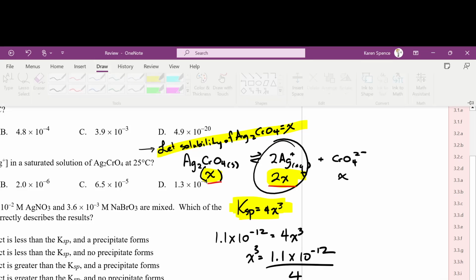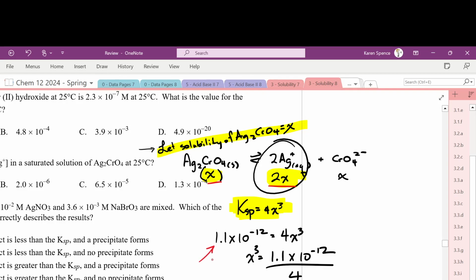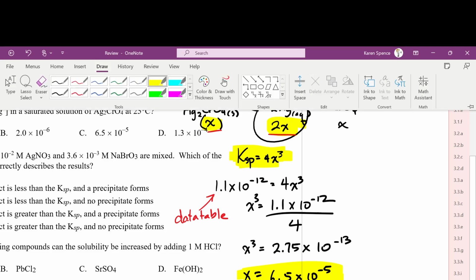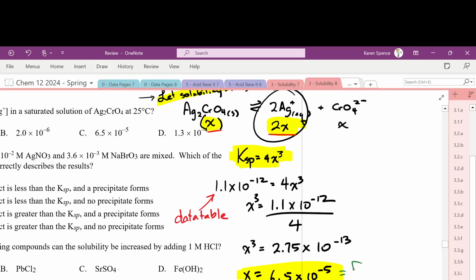Plug in KSP from the data table, and we solve for X. Let's do the algebra. And remember, X is the concentration of Ag2CrO4. And the concentration of Ag plus, if you recall, was 2X. So that's going to be 1.3 times 10 to the minus 4.